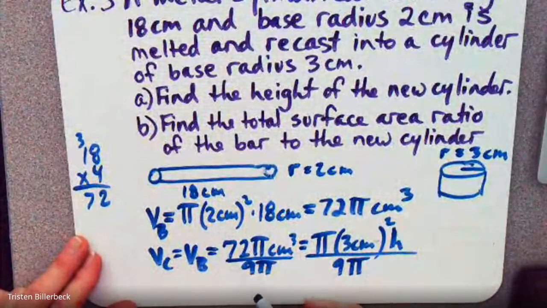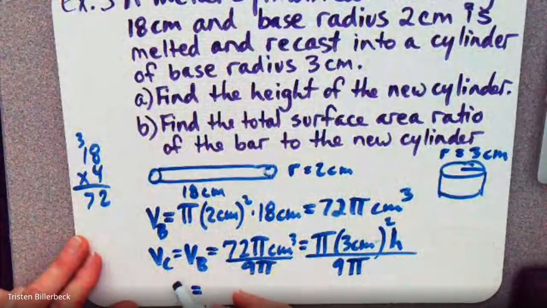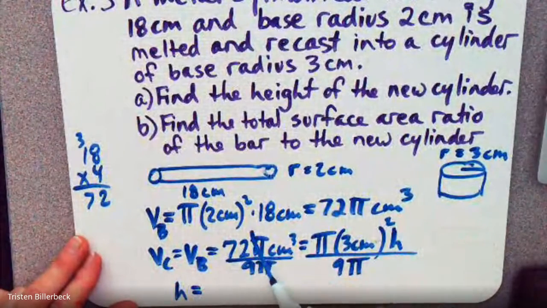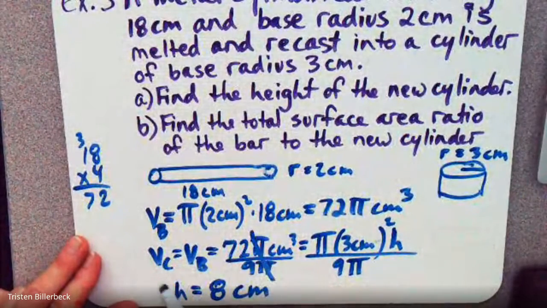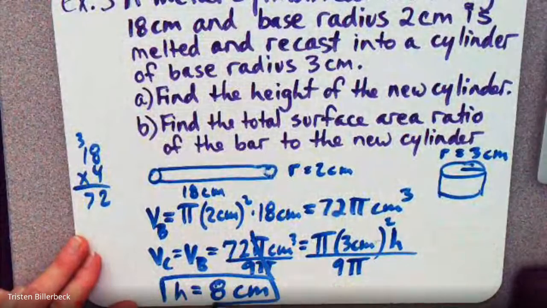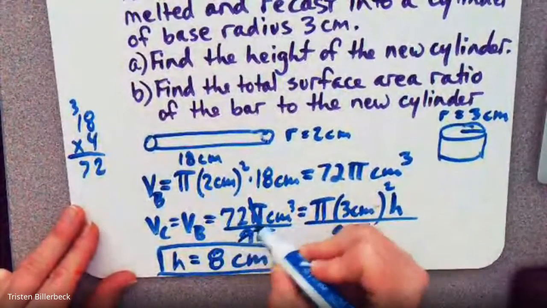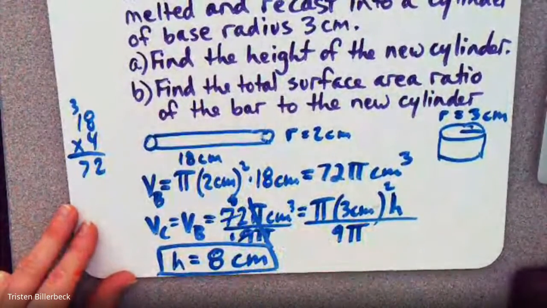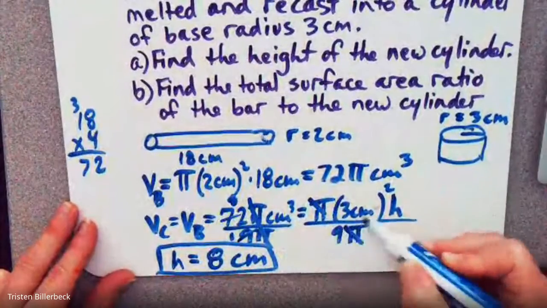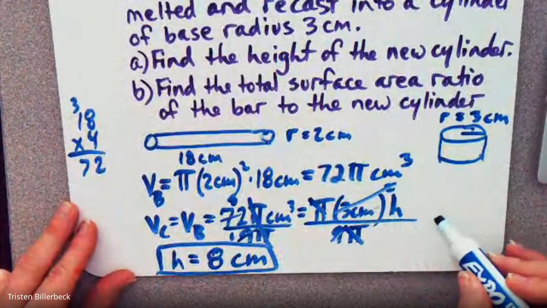The pi's cancel, and there are 8 9s in 72. So the new height is 8 centimeters. That cancels, 3 squared is the same thing as 9, and then we have h.